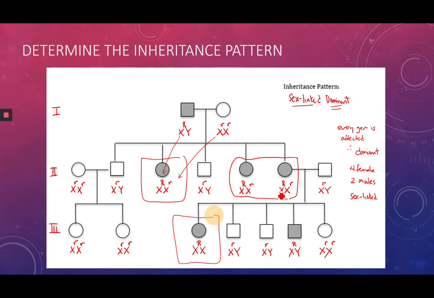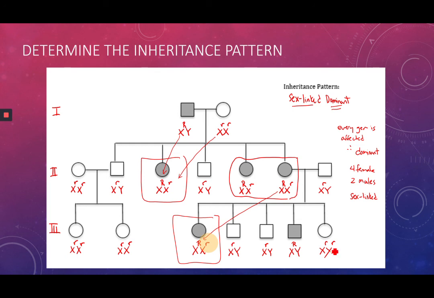That dominant gene must be from the mom, because the dad can only give a recessive. Okay, so that second one comes from dad, and therefore this individual is also heterozygous dominant, okay, for this particular trait.